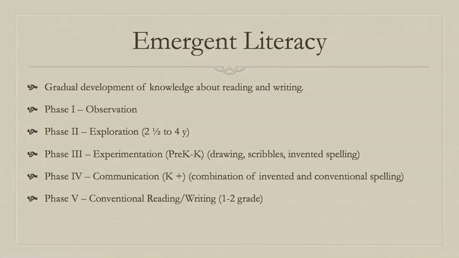Phase 2 is exploration, and again, these are tentative ages, 2.5 to 4 years of age, when the child begins to explore with writing implements and with books and pretends to read or pretends to write and does scribbles or pseudo letters.